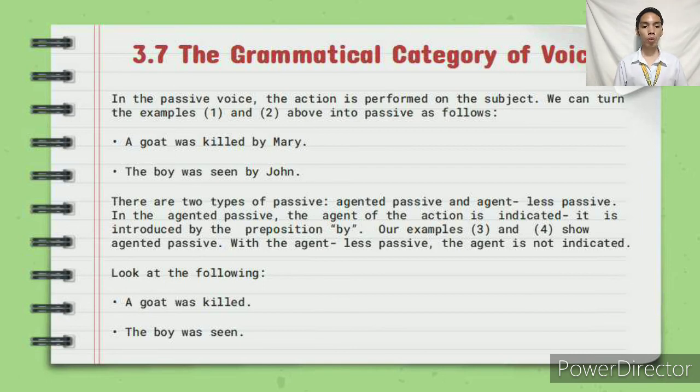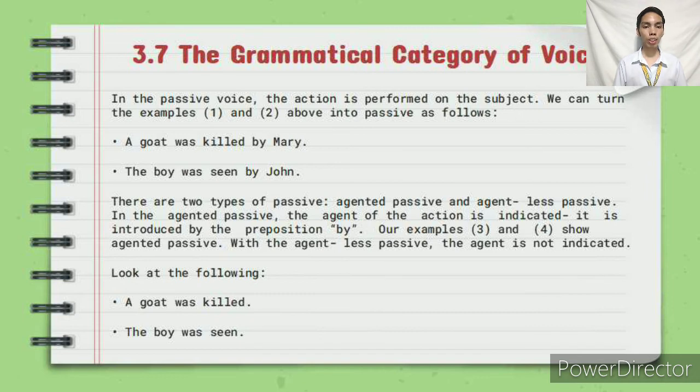So when we see the word "by" in a passive sentence, that means it is an agented passive sentence. And when the agent in a passive voice sentence is not present, that means it is agentless. For example, "A goat was killed," so there is no agent here.